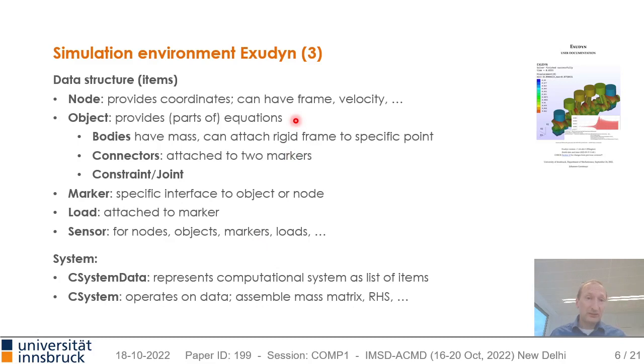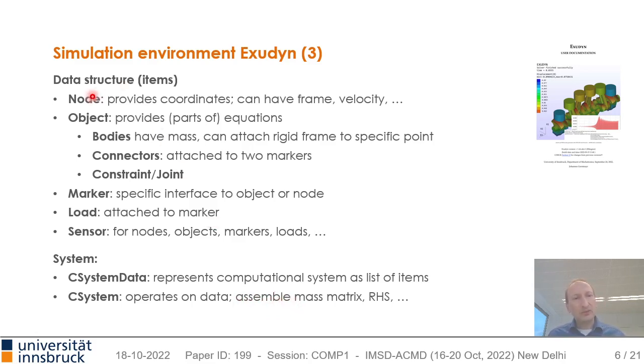Independently of what kind of solution you want to do, also for static computation, we operate on system data, which is then used in the system to compute the mass matrix, right hand side, and assemble some load vectors.